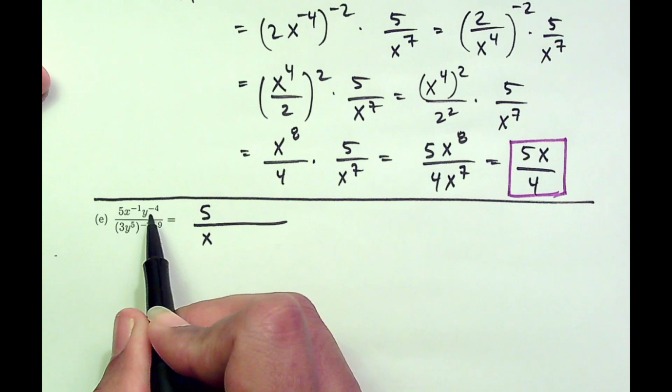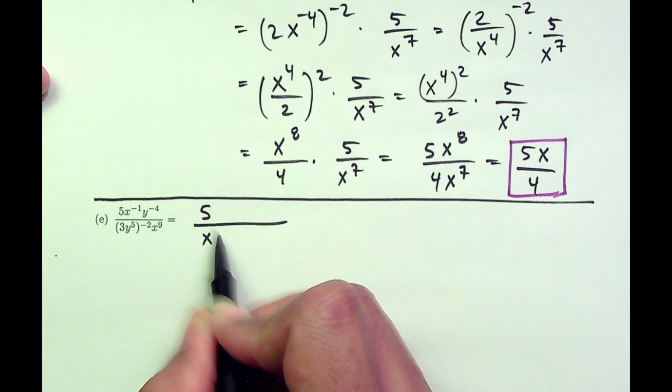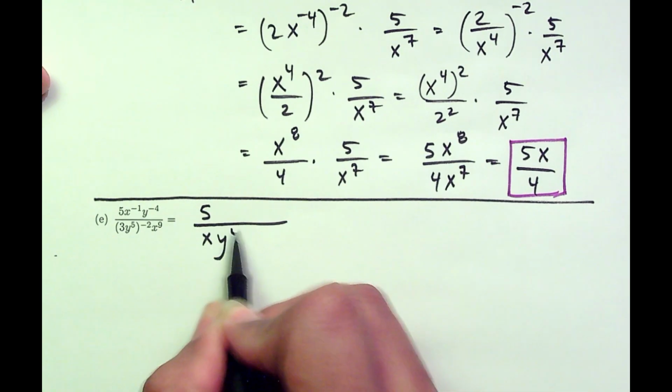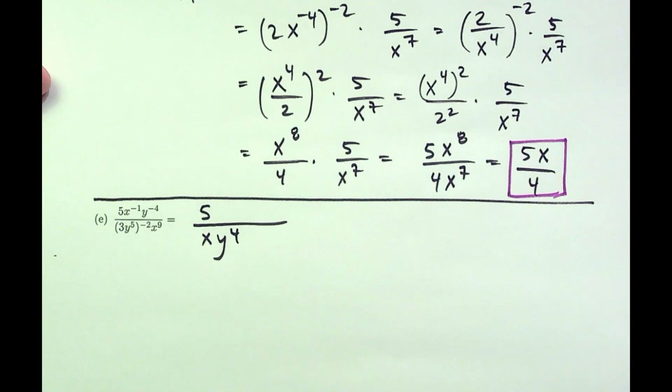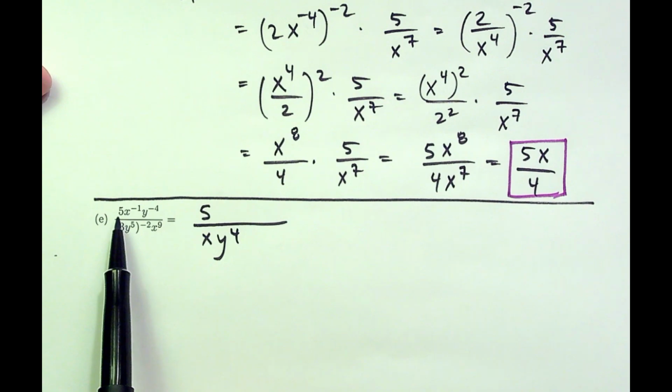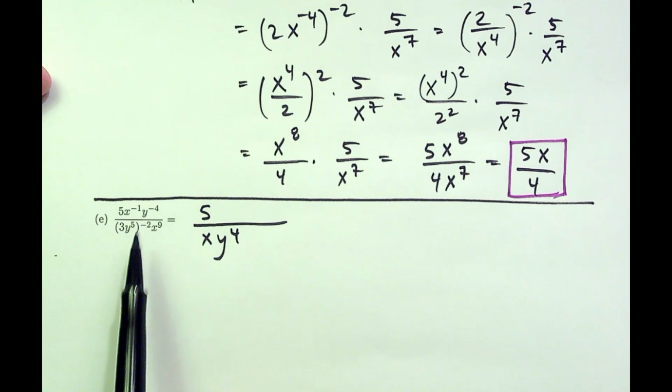The y to the negative 4, the exponent is negative, so you move it to the bottom as y to the 4. So that takes care of the whole top. The 5 stays in the same spot. It doesn't have a negative exponent. The x moves to the bottom because it has a negative exponent, so x to the 1 on bottom. And the y moves to the bottom because it has a negative exponent, so y to the 4.